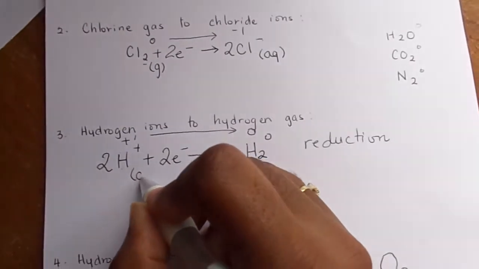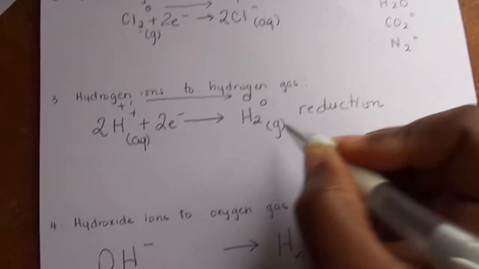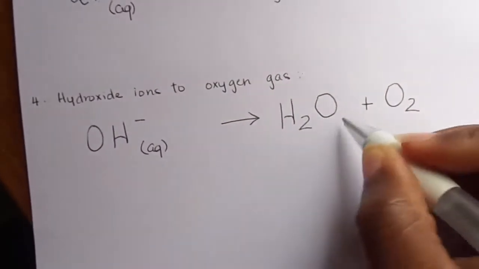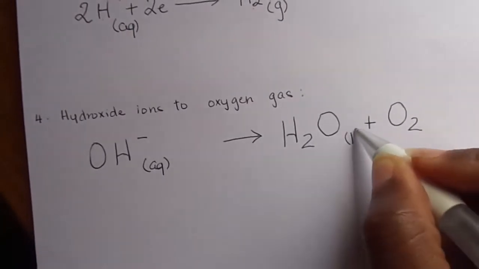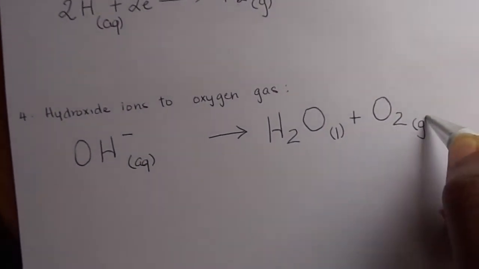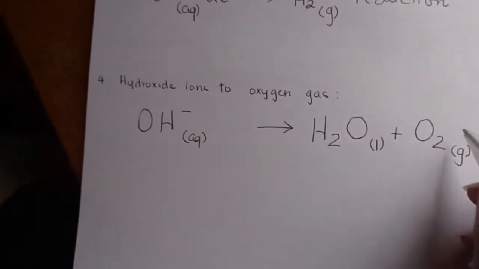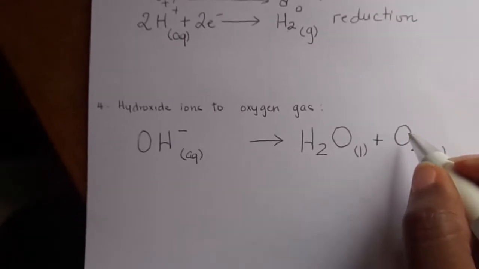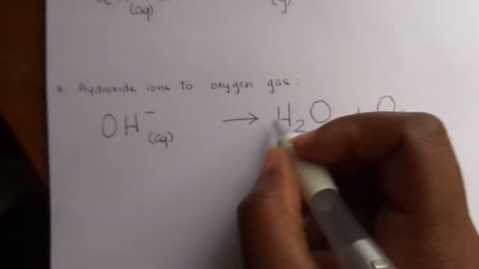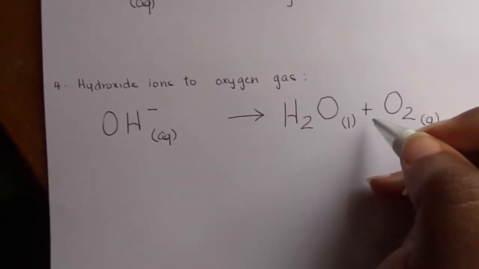The water would be liquid. Water is usually either liquid or gas, and the oxygen would be a gas, because you would see it bubbling off at which electrode? Which electrode would this come off at? Let me know. So here we have this beautiful equation.